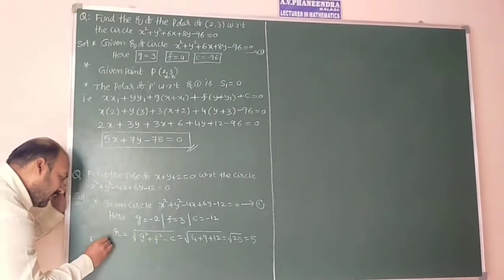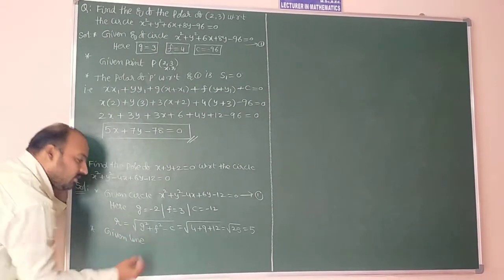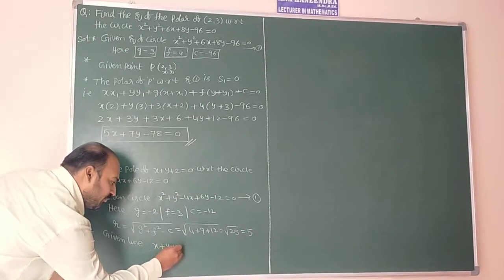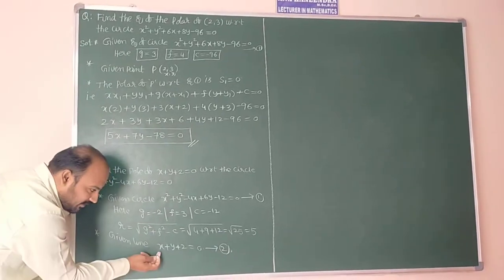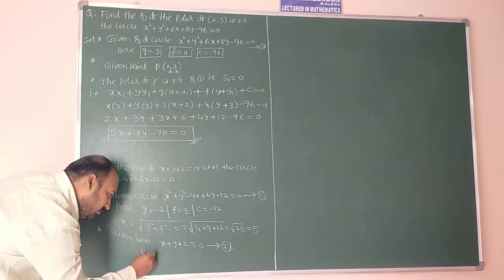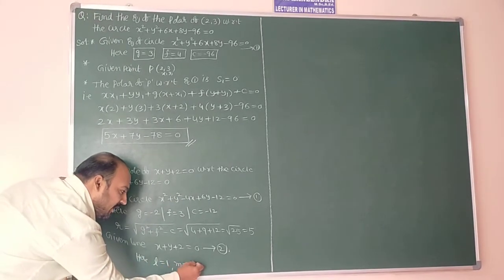After that, the given line x plus y plus 2 equal to 0 is compared with lx plus my plus n is equal to 0. Here l is equal to 1, m is equal to 1 and n is equal to 2.